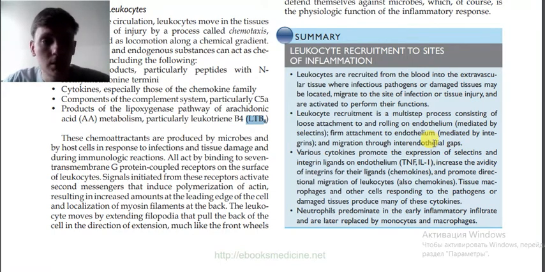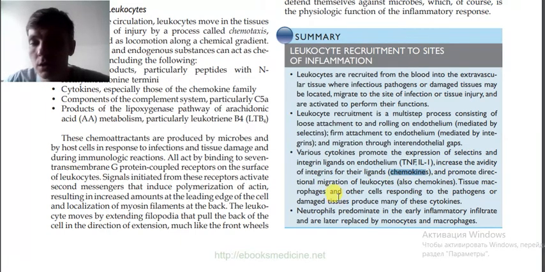It was also discussed in detail in the previous lecture. Cytokines promote the expression of selectin and integrin ligands on endothelium, like TNF, tumor necrosis factor, and interleukin-1. They increase the avidity of integrins for their ligands, and chemokines promote directional migration of leukocytes.